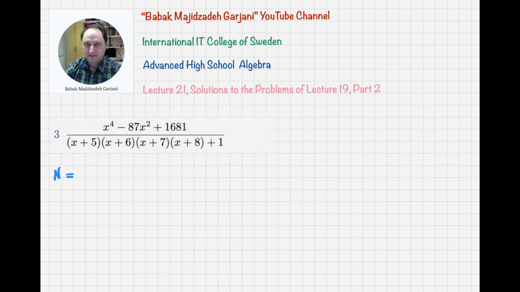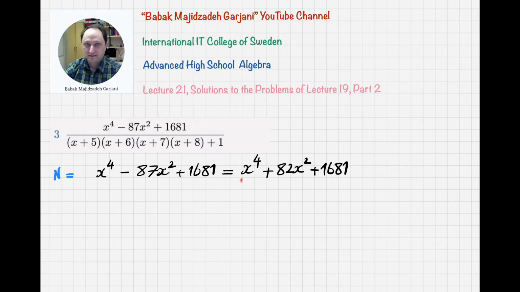What I mean is that, let me copy and paste the numerator. The numerator is x to the 4 minus 87x squared plus 1681. Here I can write it as x to the 4, and instead of minus 87x squared, I write positive 82x squared. The goal is to make these three make a quadratic pattern, but of course I need to make it right.